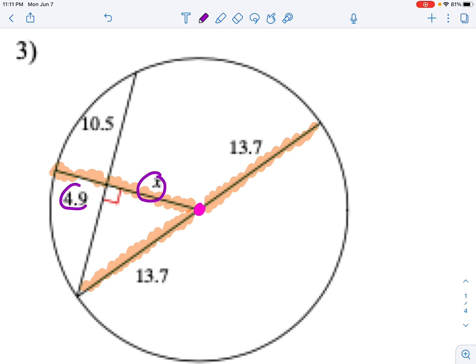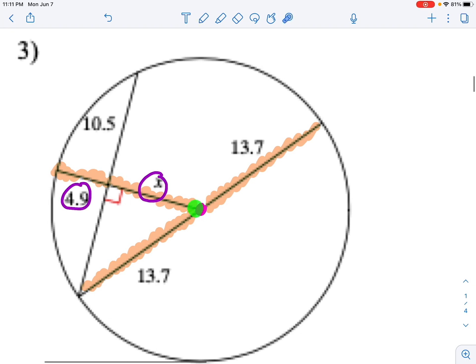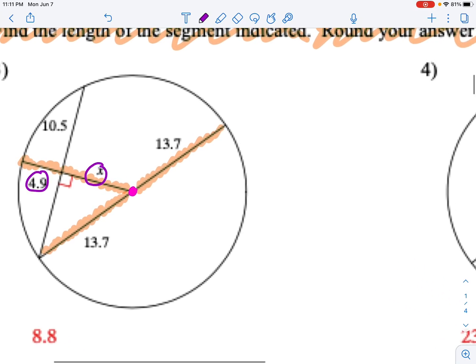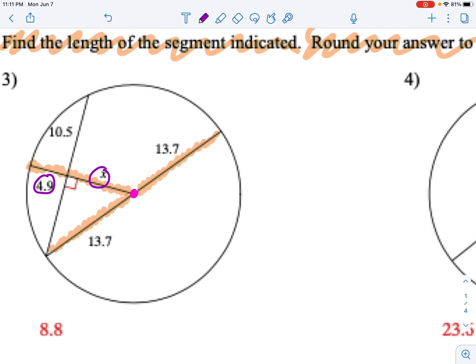But it's made out of two pieces right here. From here to here, from here to here, it's made out of that and that. So these two here make up one radius. So x plus 4.9 is equal to 13.7, right?